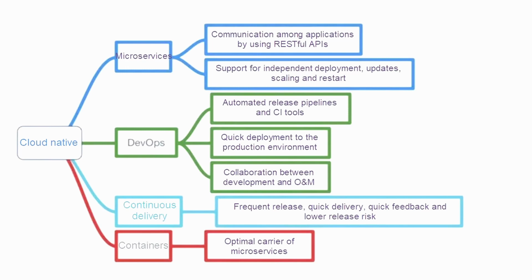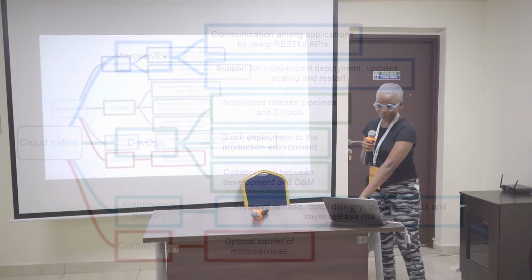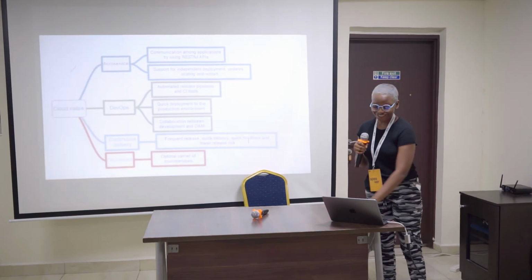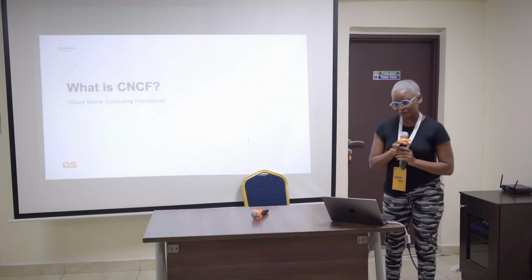Then we're also talking about continuous delivery, from the conception of the business idea or your application idea down to when it is deployed, running fully and even being maintained. Then containers are the optimal carrier of these microservices. If you go in depth, you'll know that these are not very technical things, but there's not so much time on our end.